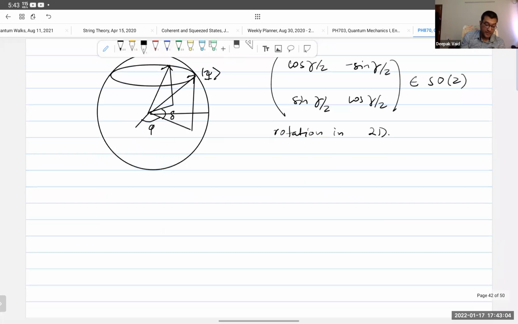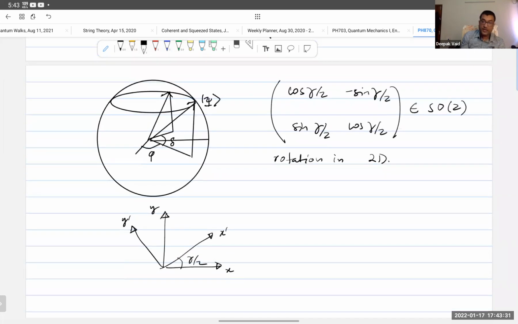If you have some xy plane, and you multiply by this matrix, then depending on the sense in which you are performing the rotation, it performs a rotation by gamma by 2.